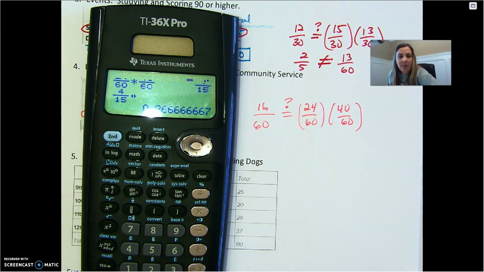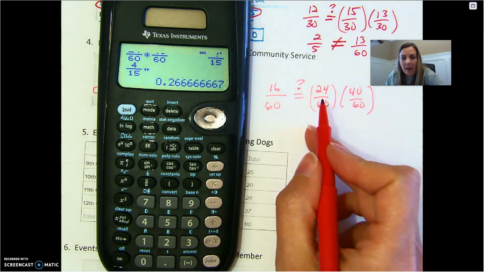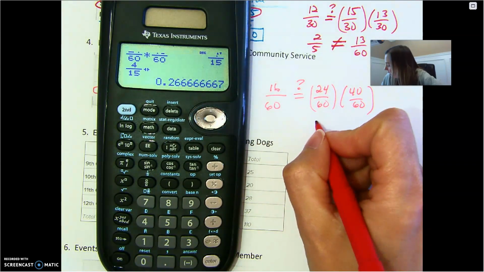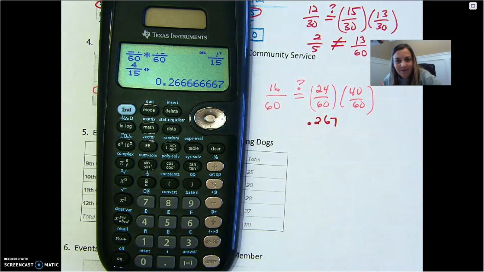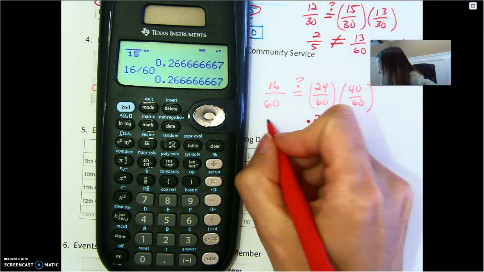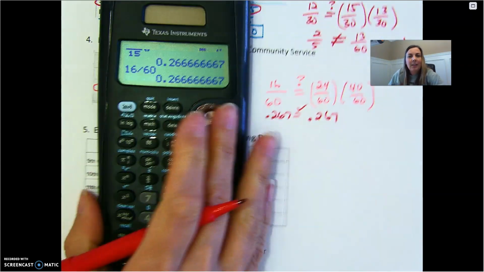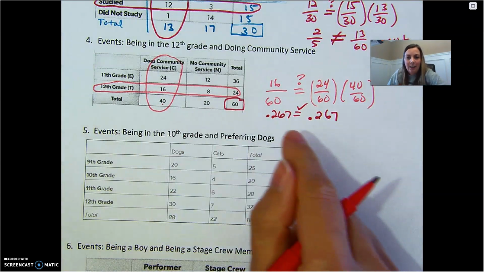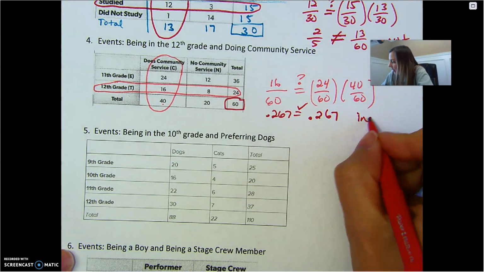I'm going to do decimals this time since some of you might have decimals at home. When you multiply these two fractions together, you get the decimal 0.26666. I'll round it. And then 16 out of 60, that decimal, oh yay, it matches. So I'll put a check mark. Since the product of the two events does equal the intersection, we say yes, they are independent.